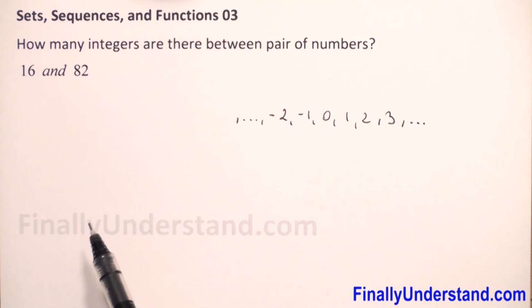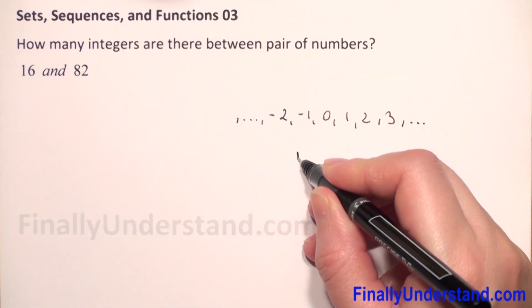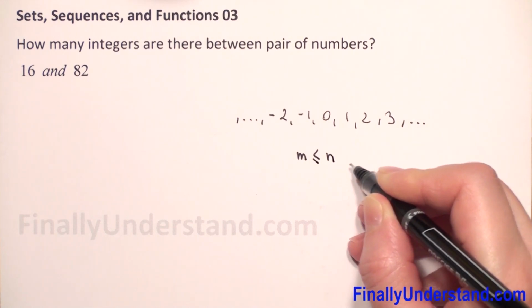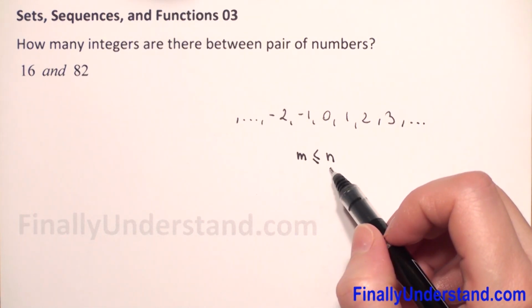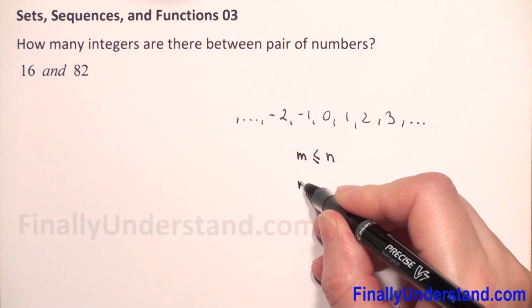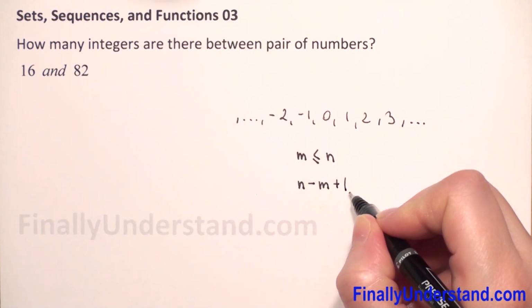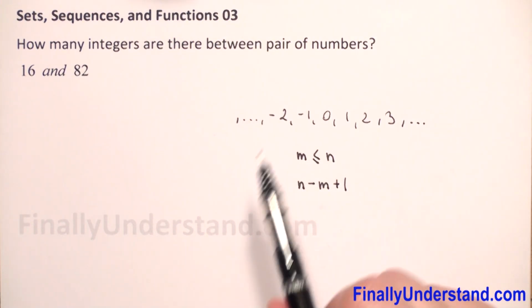We can use the formula: when we have integers m less than or equal to n, the number of integers between m and n will be n minus m plus 1. Why do we add 1? Because we have to include both ends.